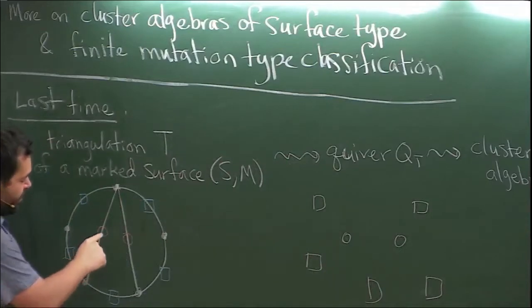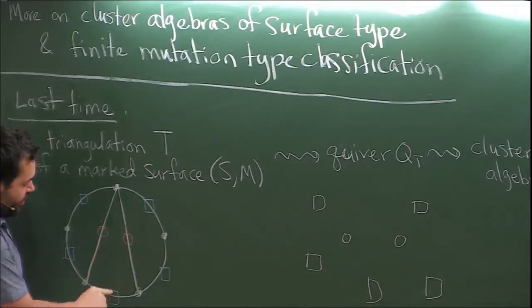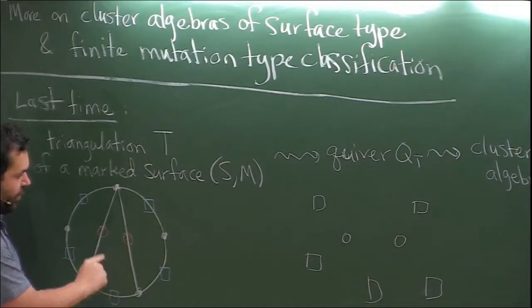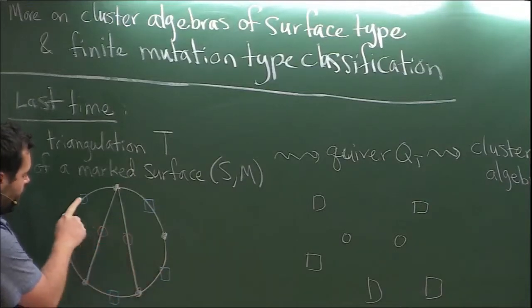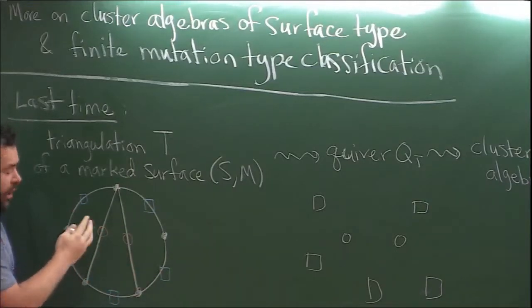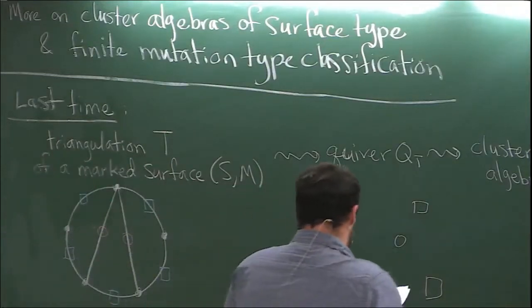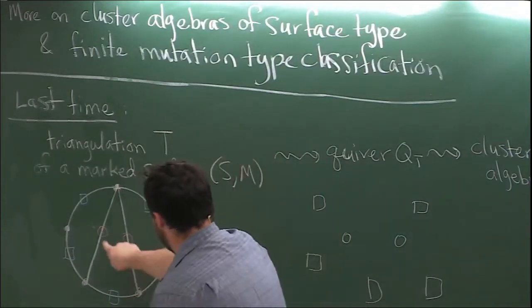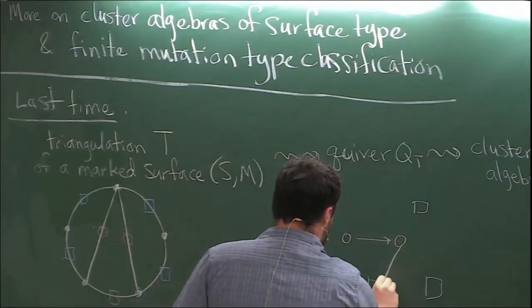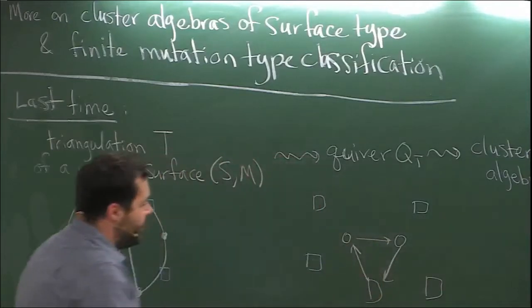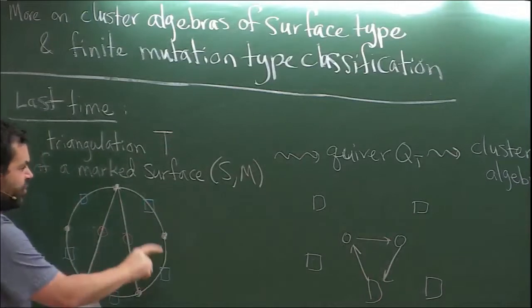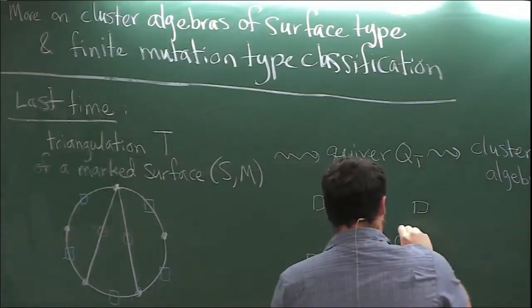And as I go around this picture, I'll get a clockwise cycle for every triangle. So I have one here, I have one here, and I have one here. Okay, and I'm not drawing arrows between frozen vertices. Okay, so here's the picture I get. So for this triangle, I get this cycle. For this triangle, dropping arrows between frozen vertices.